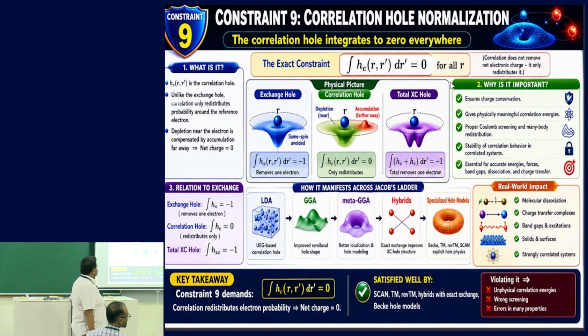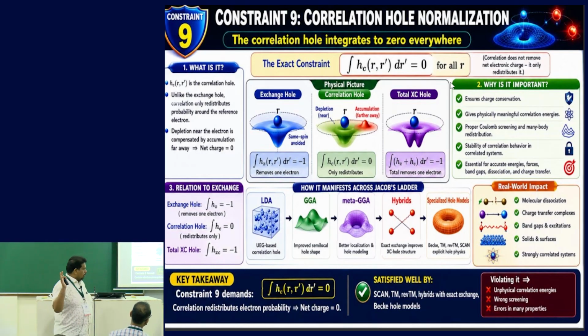Hybrids, it's because of this Hartree-Fock thing. Then if you do the self interaction corrected exchange part, it is not doing that.